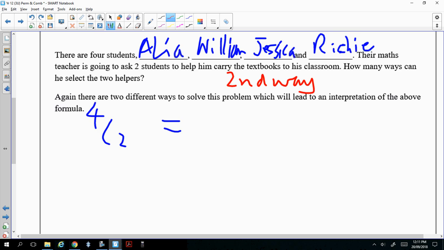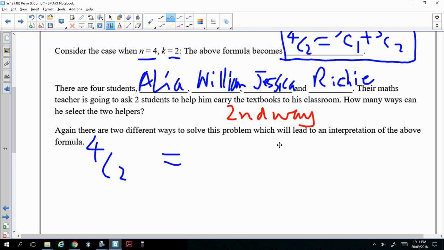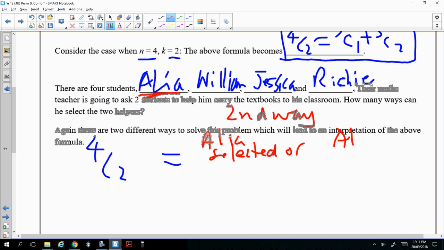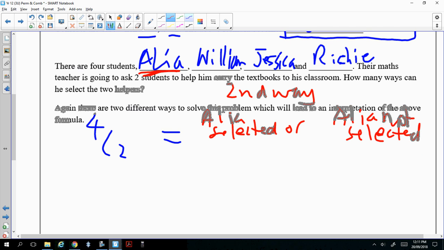In all the selections, Alia could be selected or not selected. Let's look at how many ways if Alia is selected. You only have 3 people to choose from, so it will be 3C1, because you've already selected Alia.